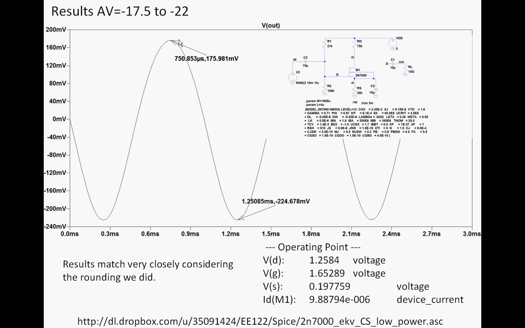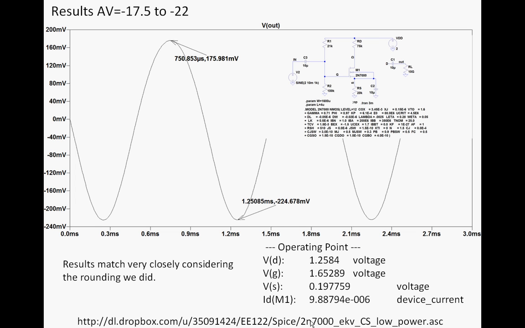I run it, and I get slightly different peak and trough voltages, and that's because GM is in fact not constant, because as VDS changes, your bias point is in fact changing. But it does match very closely. And this was the DC operating point, which matched hand calculations pretty well.